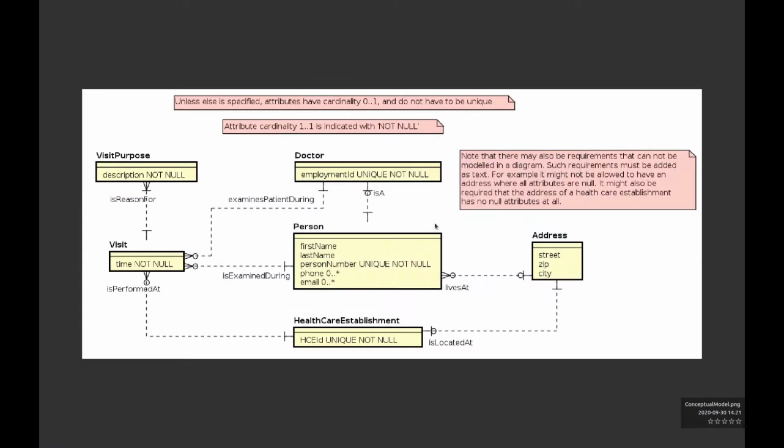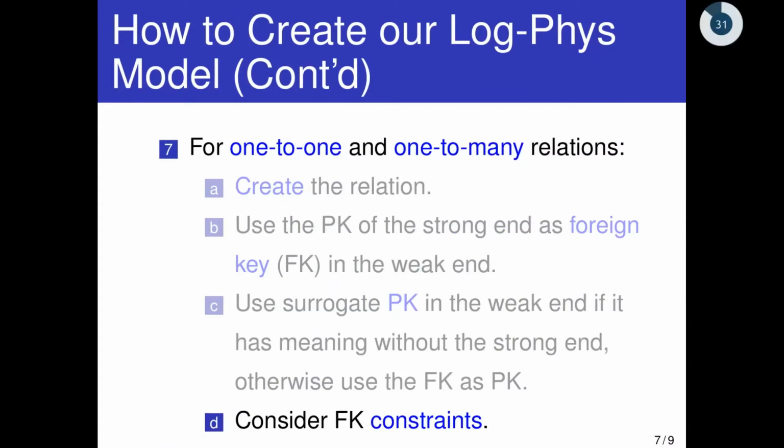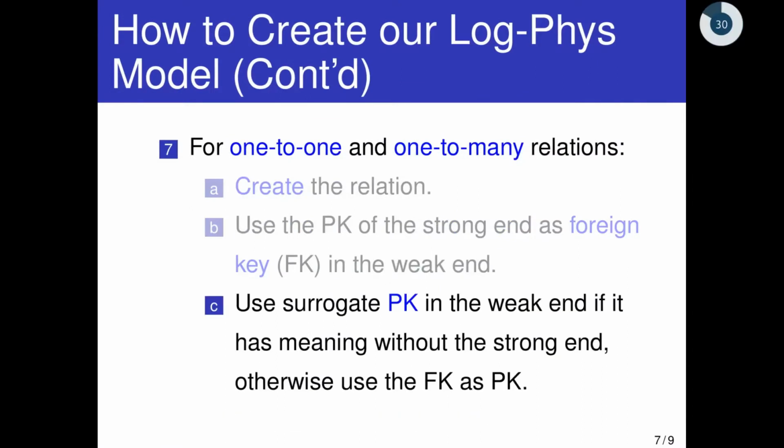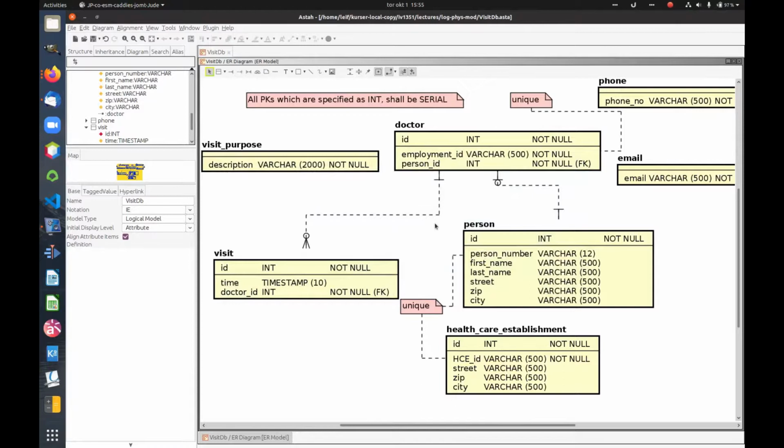Next, let's consider, we did create the primary key, right? That step was done, but we did not consider foreign key constraints. So what about this? Remember that the alternatives were prohibit, allow, and delete.